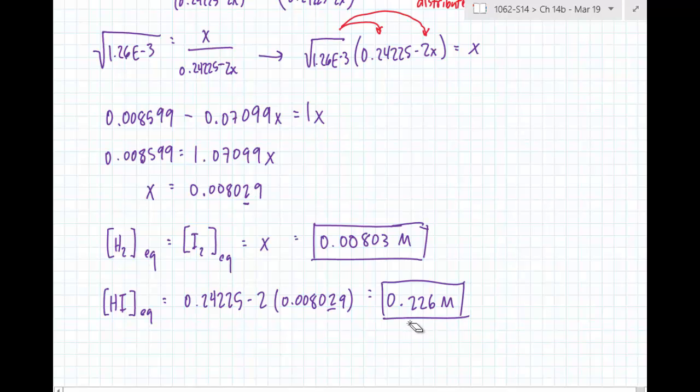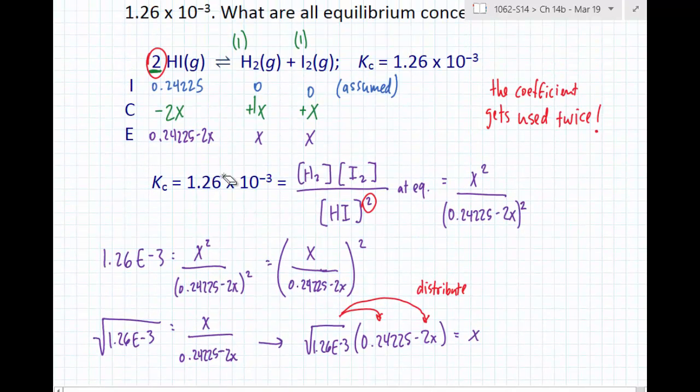We have a positive concentration of product. That's good. Now, look at the size of these numbers. At equilibrium, we have much more reactant at equilibrium. Does that make sense with the size of our equilibrium constant?